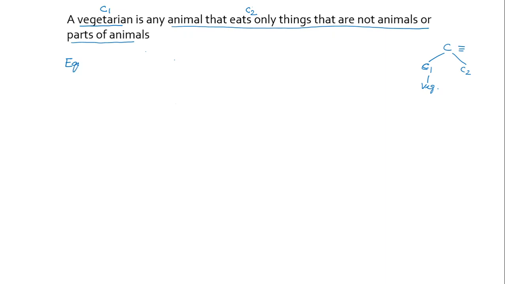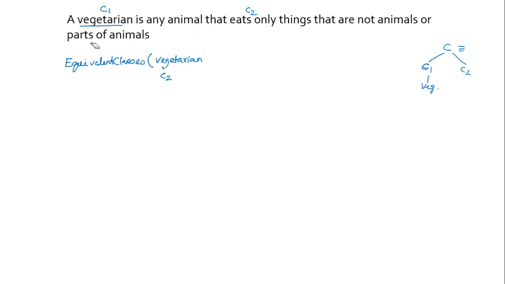So equivalent classes, then vegetarian, and then we will be having C2. Now what is our C2? C2 should be an animal, and also it should be something that eats only things that, so the remaining part. So this C2 can be disintegrated into two parts.